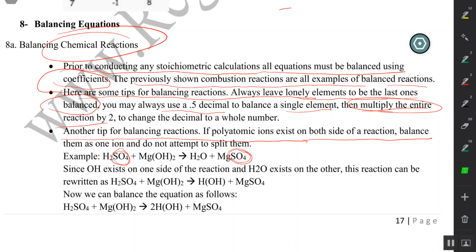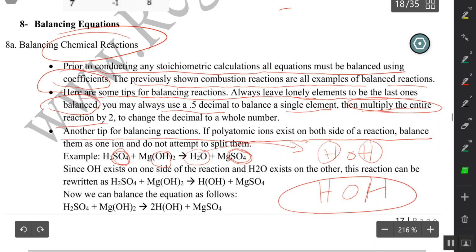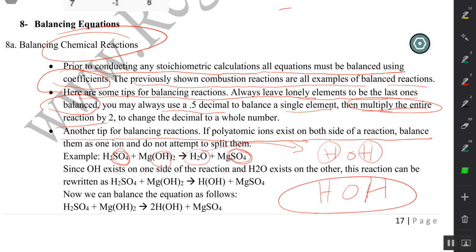Okay, same thing here for OH. There's actually OH here and there's H2O here, but H2O is simply nothing but HOH. That's what H2O is. Two H's and an O. So H2O is HOH. This is actually the more appropriate way to write H2O.